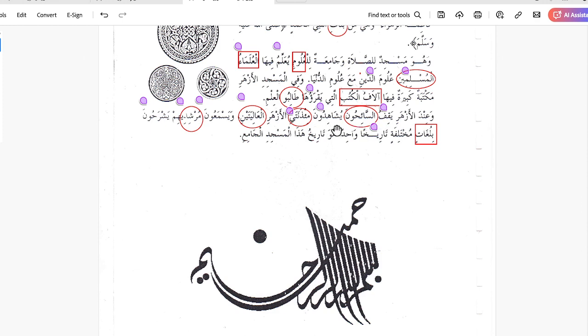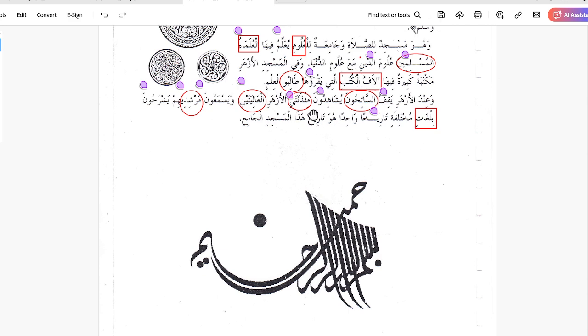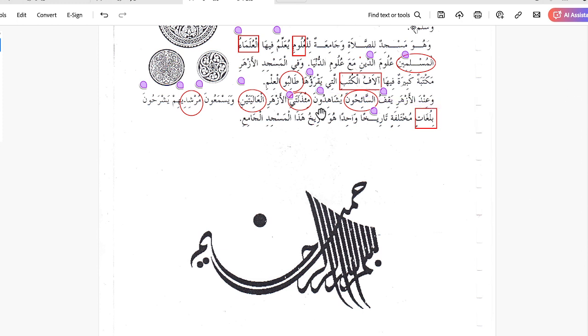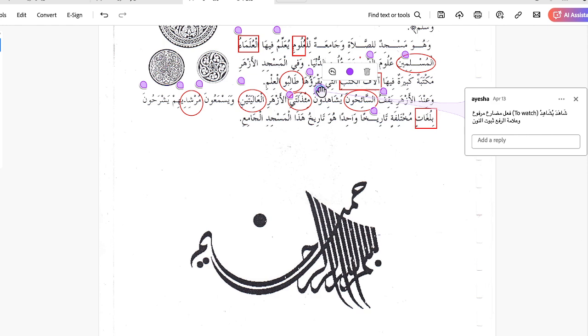Yushahiduna. So yushahiduna is failun mudariun. This is the verb shahada yushahidu. So yushahiduna is failun mudariun marfoon, alamatu rafi subuti noon, the presence of noon. And what is the fail?